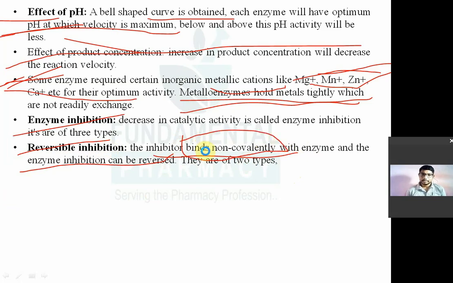The inhibitor binds non-covalently to the enzyme and stops it from working, but as the inhibitor detaches from the enzyme, the enzyme becomes active again. Reversible inhibition means the inhibitor binds non-covalently and inhibits the enzyme catalyzed reaction, and it can be reversed. Now these reversible enzyme inhibitions are again of two types.